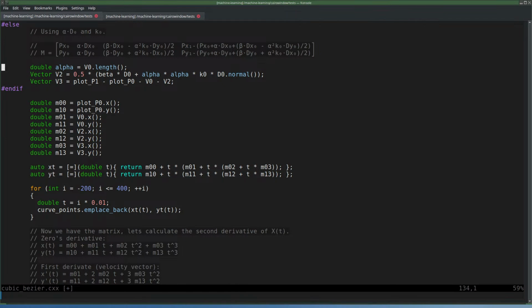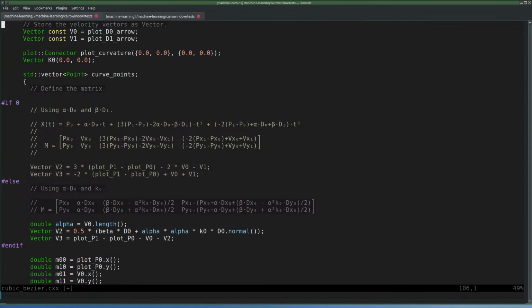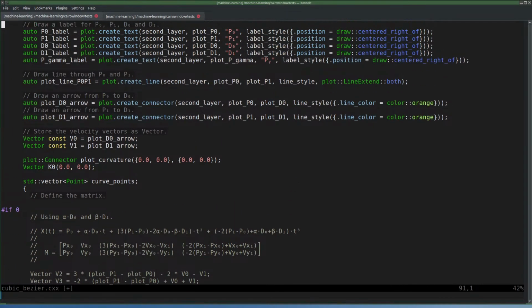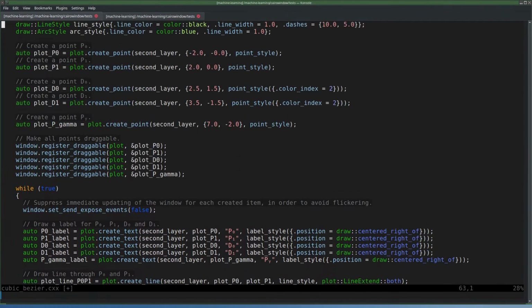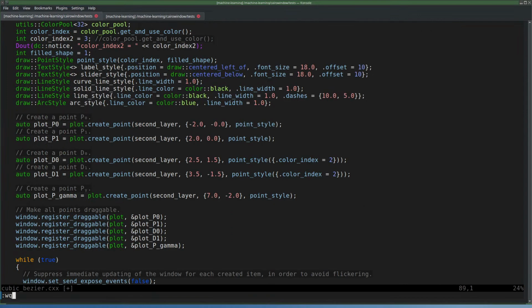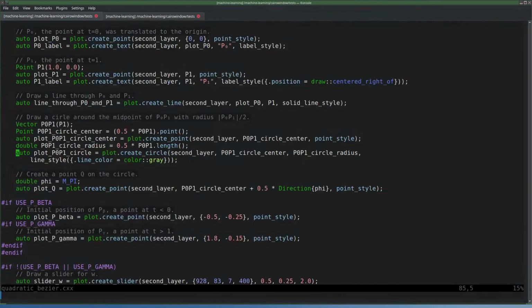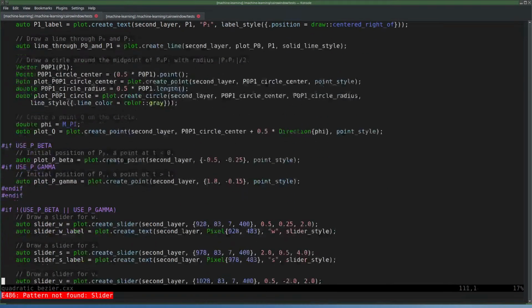So I just need two sliders for K0 and for beta. I erased all slider code. There, sliders.